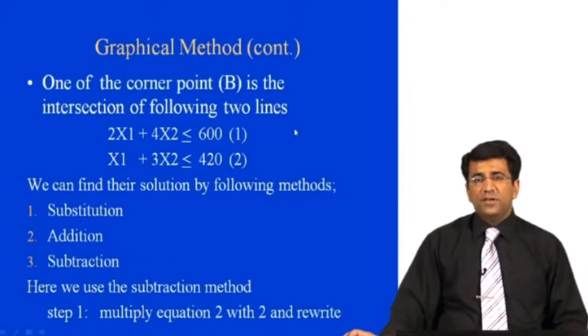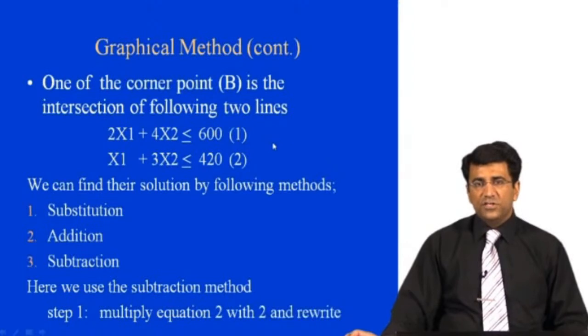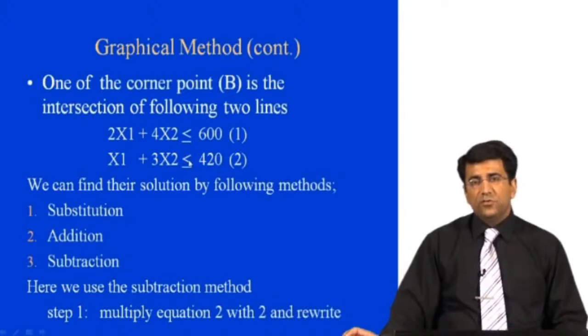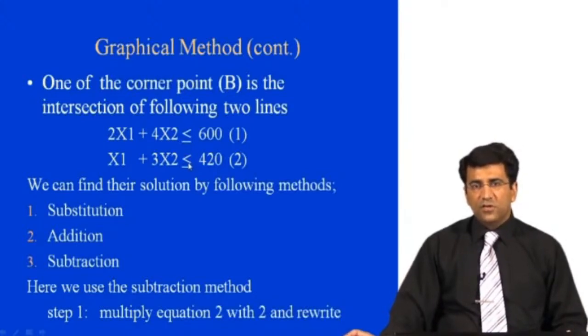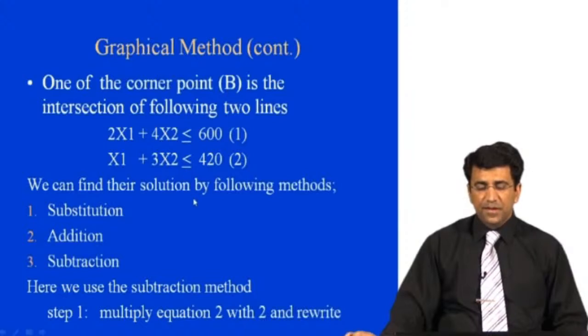Now we will calculate the coordinates of these points of intersection by solving the respective equations. Corner point B is the intersection of the following two lines. You already know how to solve these equations simultaneously. We multiply one of the equations by a particular number so that we can equate the coefficients of one decision variable, and then subtract the equations to find the value of the other decision variable.